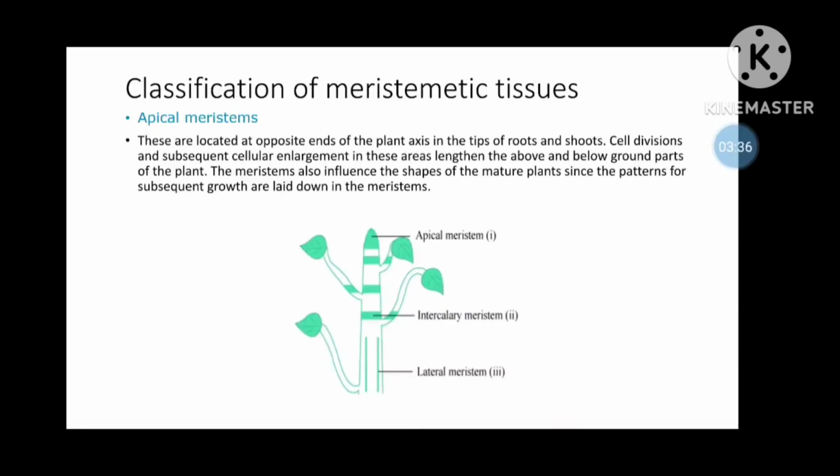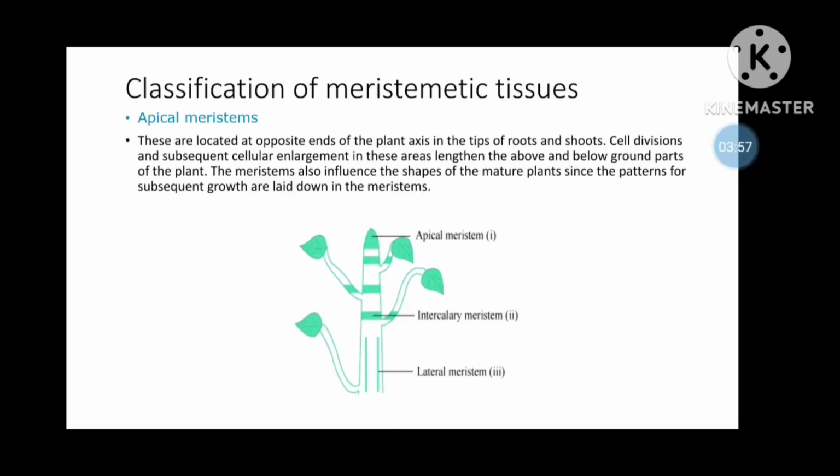Now, this meristematic tissue is further classified into two parts, apical meristem and lateral meristem. In this slide, we will see only the apical meristem. In the next slide, we will see the lateral meristem.